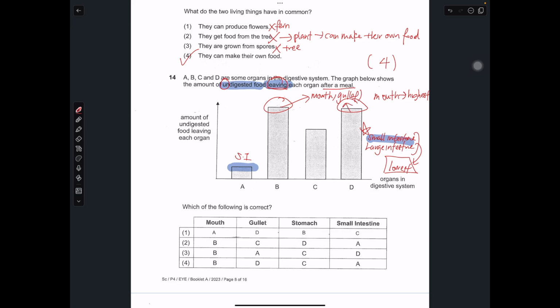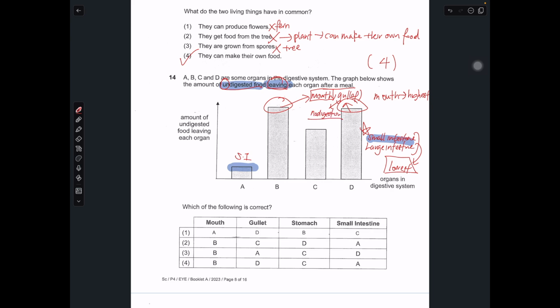Mouth and gullet will have the same amount of undigested food leaving, because when the food enters the mouth, some of it will be digested, most of it will be undigested. So when it passes through the gullet and leaves the gullet, the amount of undigested food is unchanged because there is no digestion.